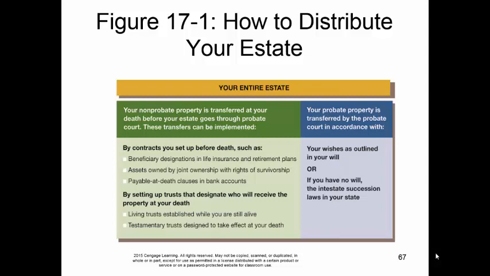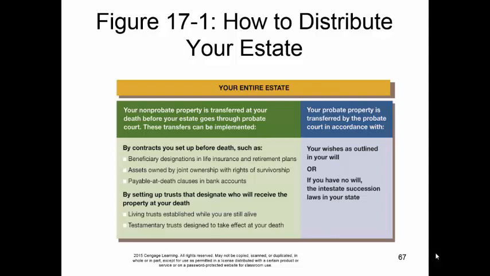You can also do assets owned by joint ownership with rights of survivorship. In most cases, this is the way spousal assets are set up, but you can also do this with your children. And finally, payable-at-death clauses on bank accounts.